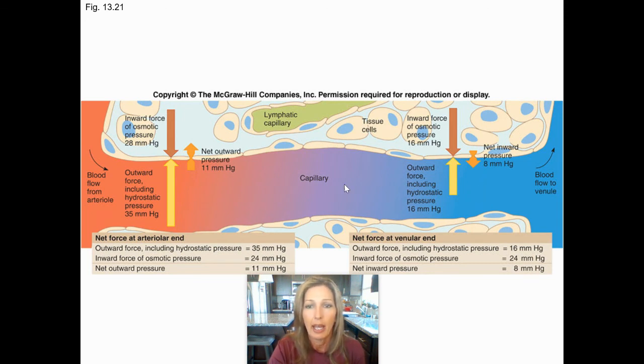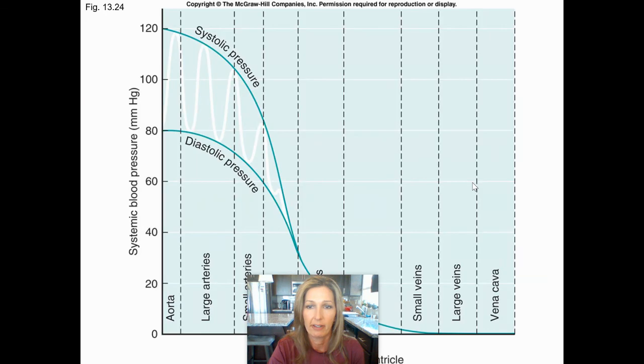So again, having ideal blood pressure is important to make sure that your tissues are constantly getting a healthy supply of nutrient-rich plasma and blood, and that they're able to get rid of their waste very, very rapidly.